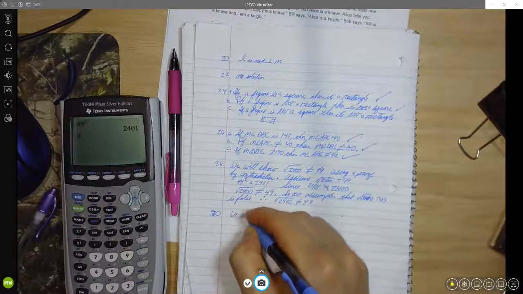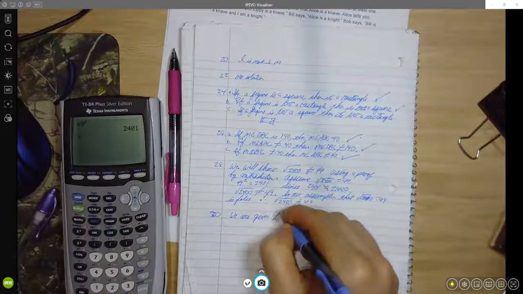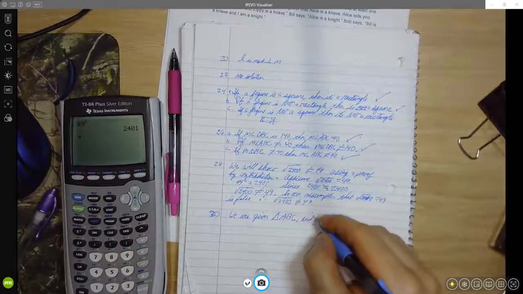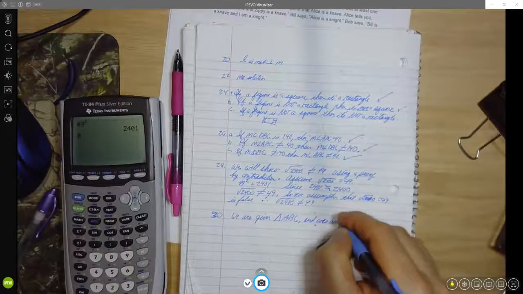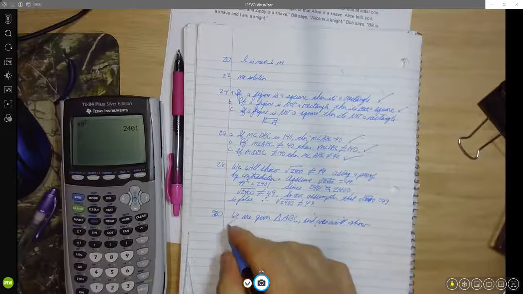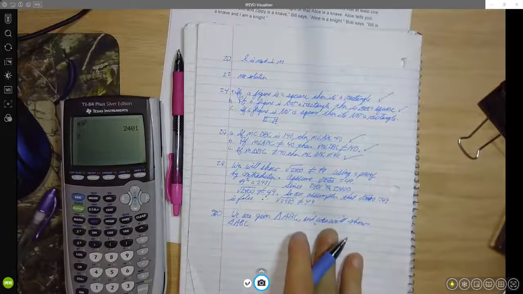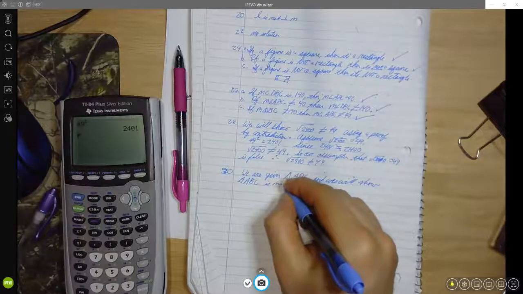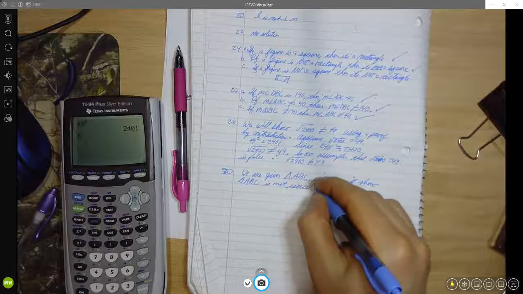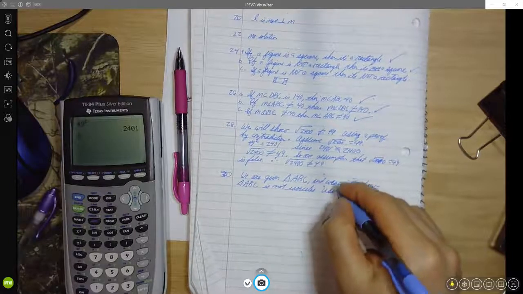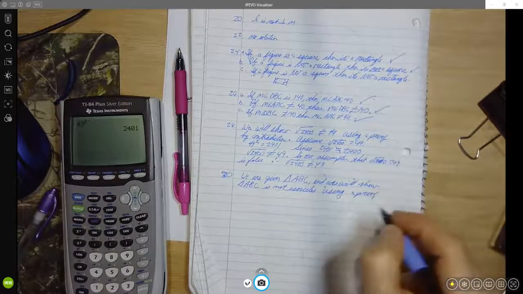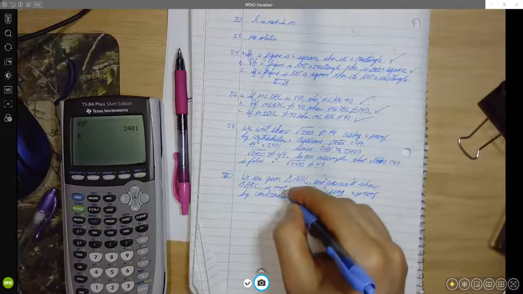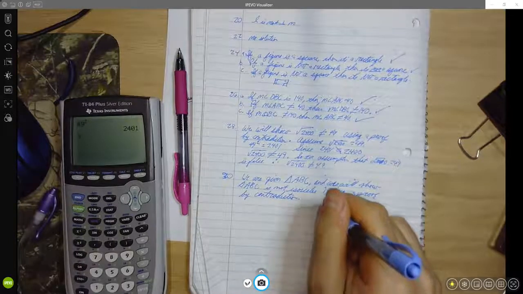So we are given triangle ABC, and we will show triangle ABC is not isosceles using, sorry, I wish I could write faster.